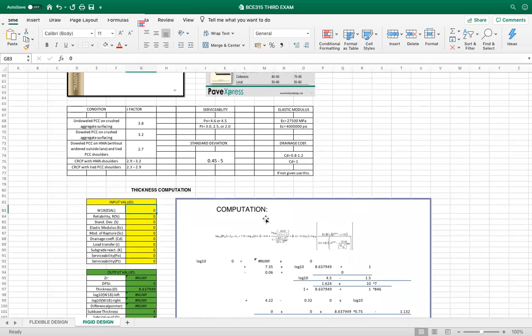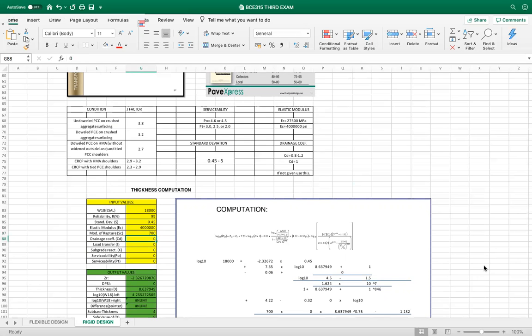W18 would be 18K, 10,000. R would be 99% reliability rate. Standard deviation is 0.45. Elastic modulus is 4 million. The modulus of rupture Sc would be 700.